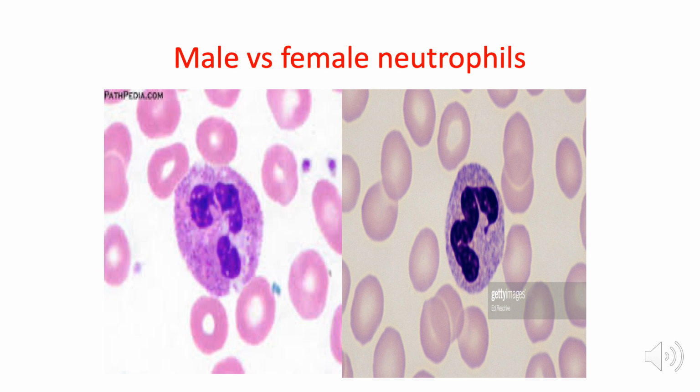For you to understand what I am trying to say, please take a look at these 2 neutrophils. The neutrophil on the left side of the screen is from a male patient, while the neutrophil on the right side of the screen was taken from the blood of a female. Appreciate the structure that is encircled, and you don't see the same structure on the nucleus of the neutrophil of the male patient.